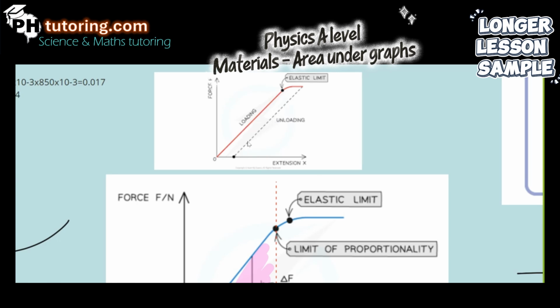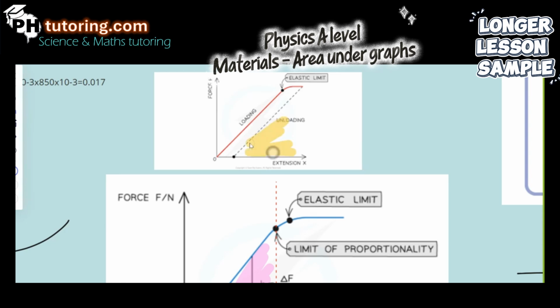Now, what that is showing is, if I get a highlighter, originally the energy that I've put in is just going to be the area underneath this red line. But then when you go back, you can work out the energy released by the spring as you let it go back.